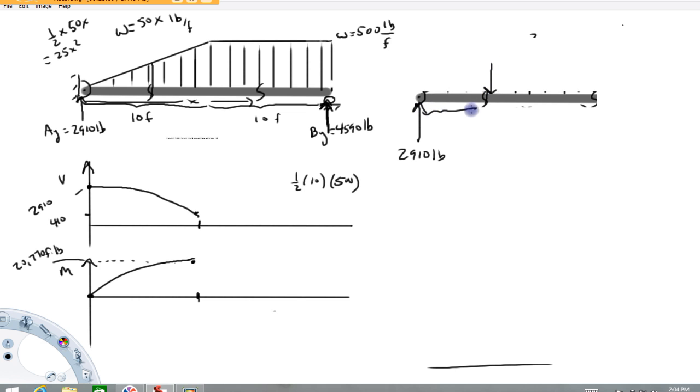Right, again, 6.67 feet. And the value of that force I'm getting from the area of the triangle, 500 times 5 is 2,500 pounds. Now, we also have to include a piece for this rectangle, but not the entire rectangle. The area of this rectangle is going to be given by this distance to the cut times this distance.